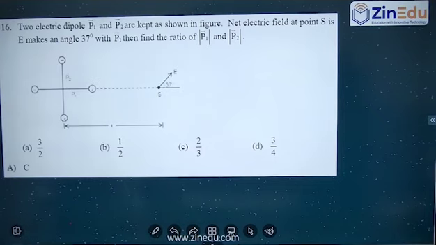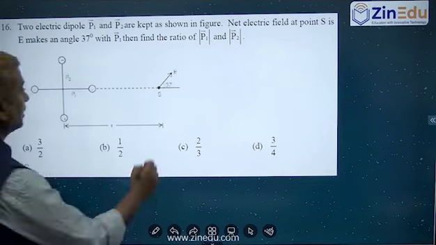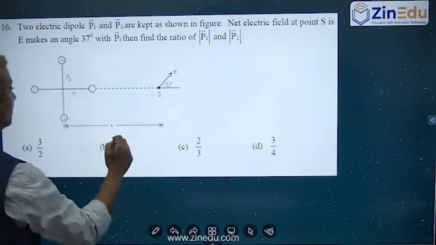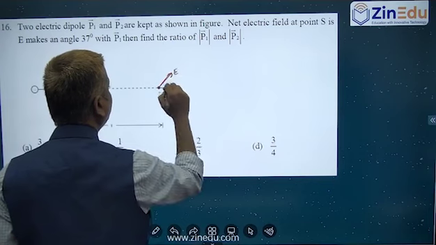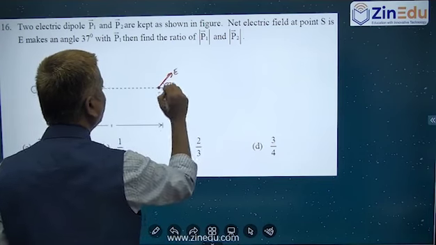Two electric dipoles P1 bar and P2 bar are kept as shown in the figure. P1 bar is kept like this, P2 bar is kept like this. The net electric field at point S makes an angle of 37 degrees.